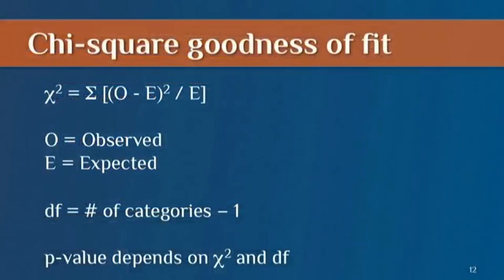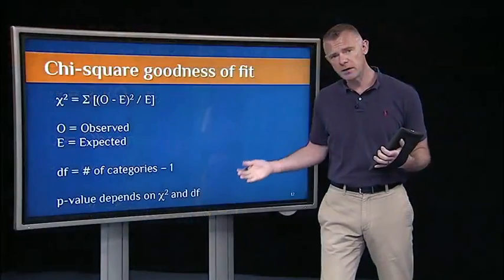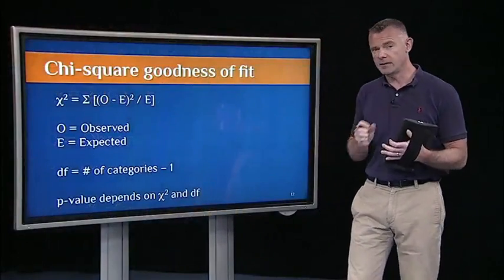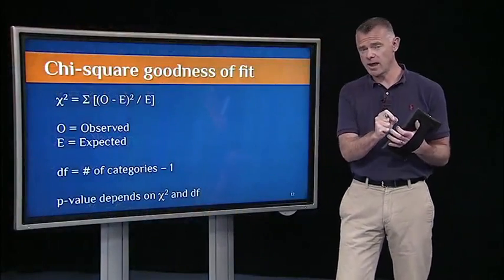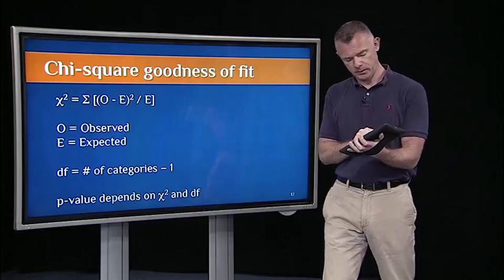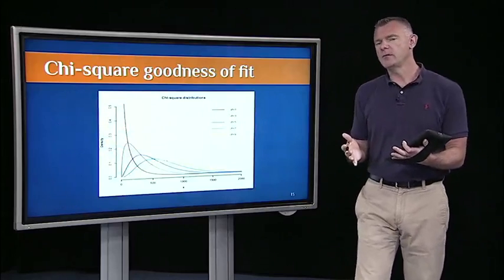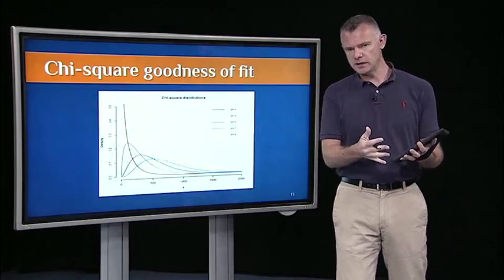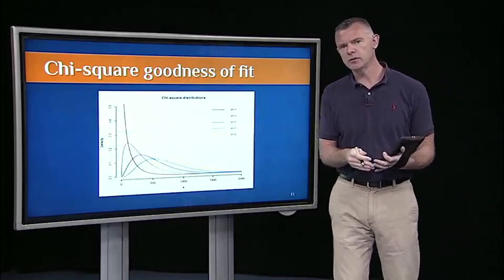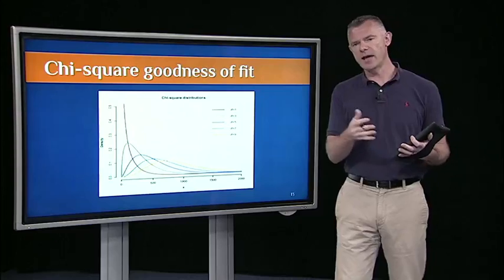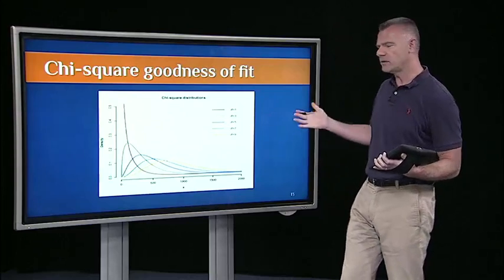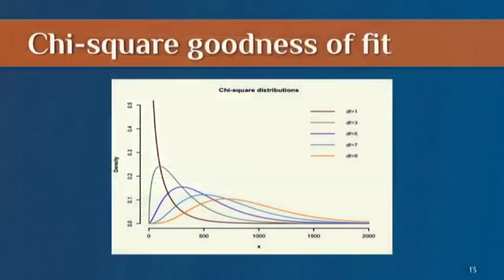Degrees of freedom in the chi-square test of goodness of fit is number of categories minus 1. And of course, the p-value is going to depend on the actual chi-square value that we get and degrees of freedom. Just like we did with the t-test, where we had the family of t distributions, and the F-test, the family of F distributions, we now have this family of chi-square distributions.